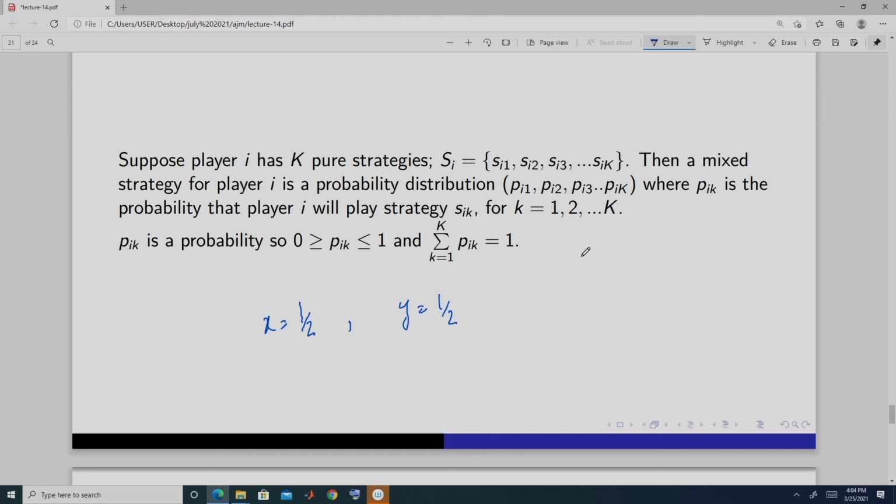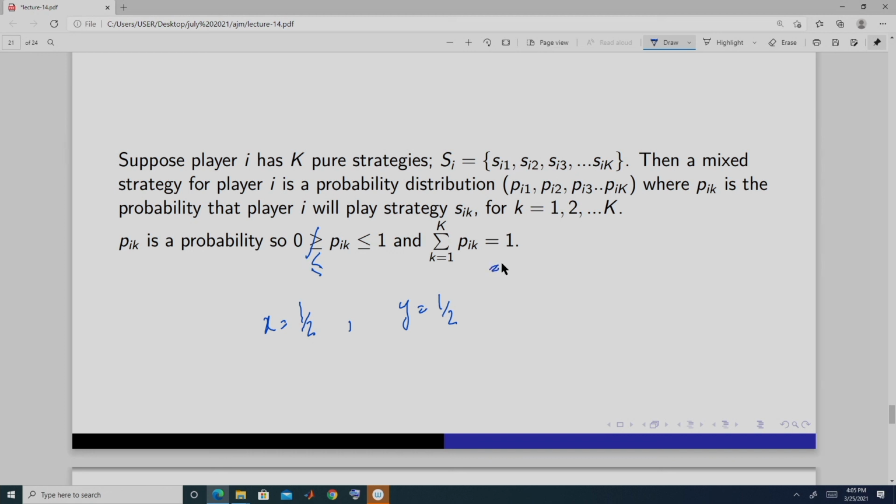we get a mixed strategy Nash equilibrium. So, formally, suppose player i has k strategies. So the strategy set of player i is this, then a mixed strategy for player i is a probability distribution over it, where p_k is the probability that player i will play the k-th strategy, for k equal to 1 to K. Here each probability should always lie between 0 and 1.